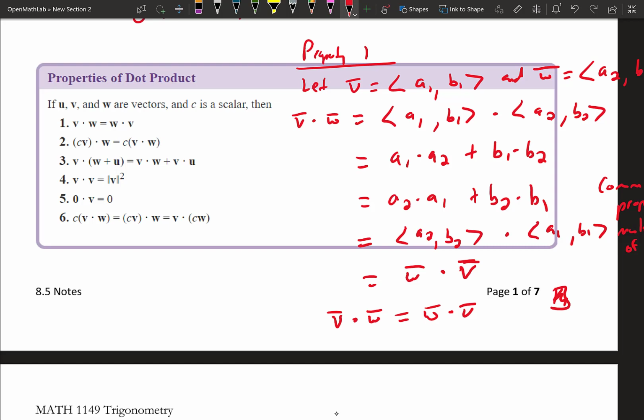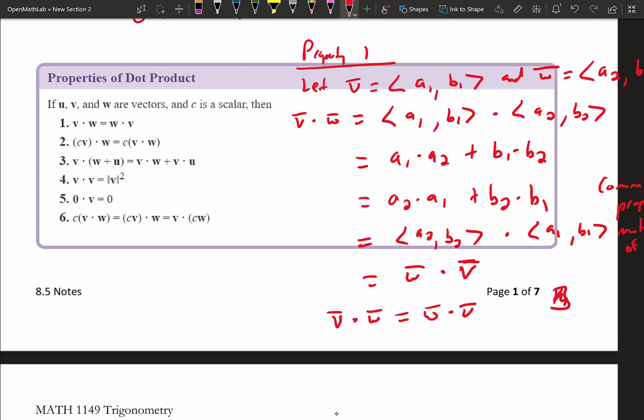And then number 4, if you take the dot product of v with itself, that's the same thing as the square of the modulus of v. Number 5, we have basically a multiplication property of 0. If I take the 0 vector dot a vector v, that just gives me back a scalar of 0.